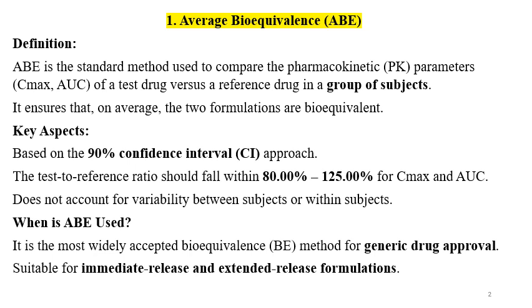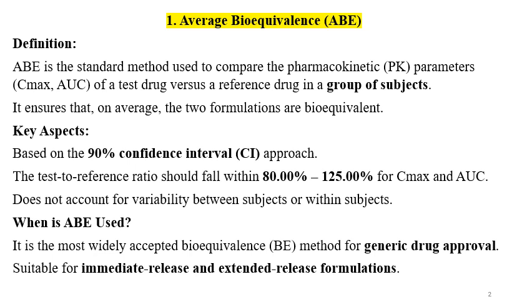The formulations may be generic also, and the formulations may be the change or formulations with some variations than the original approved formulation. When the average bioequivalence study is used, it is the most widely accepted bioequivalence method for the generic drug approval.